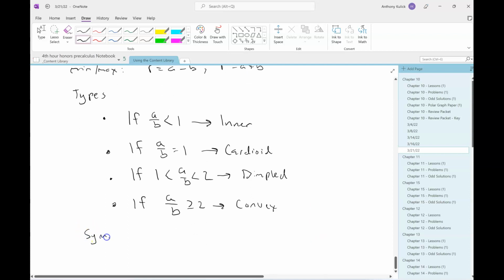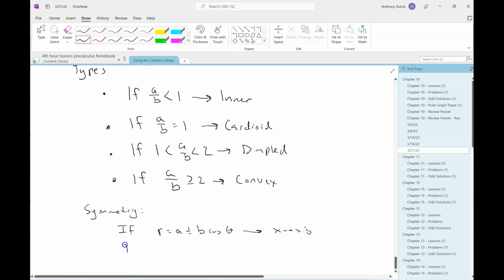And then the symmetry is really easy. Basically, the cosine one has x-axis symmetry, and the sine one has y-axis symmetry.